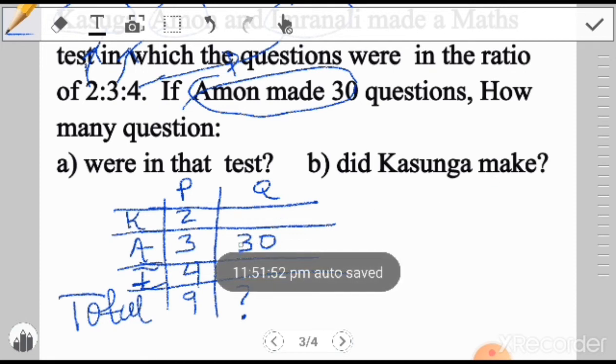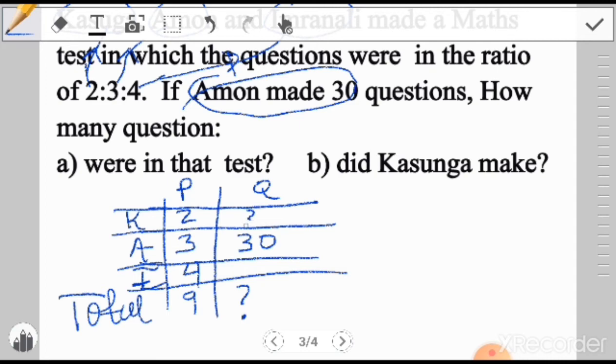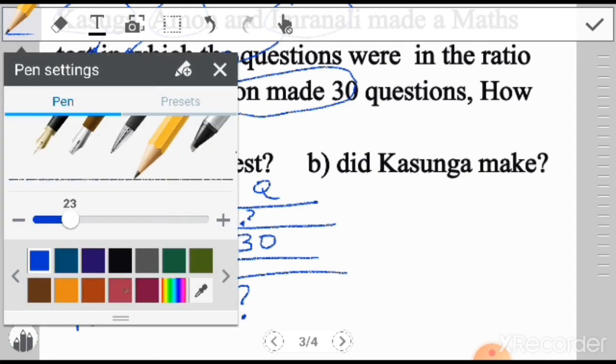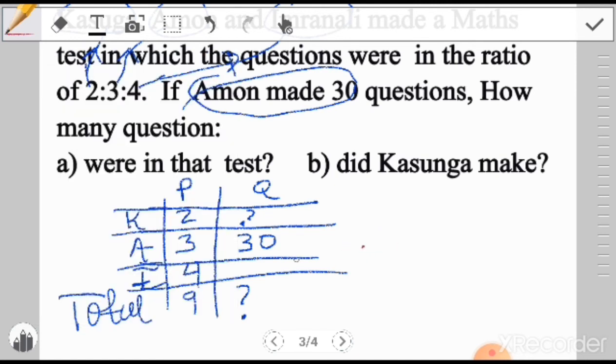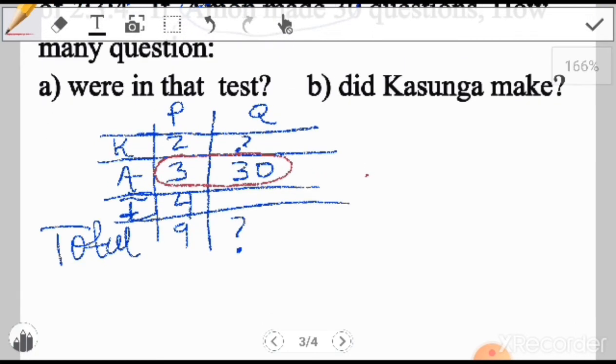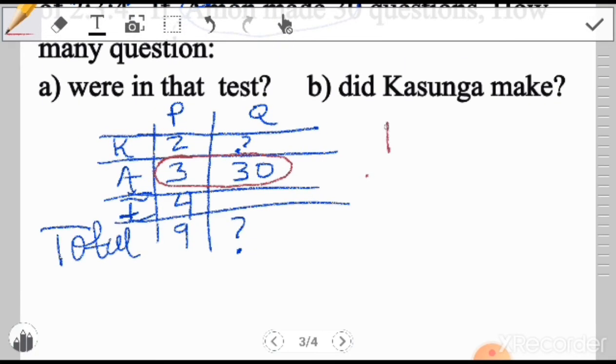Also they ask the number of questions for Kasunga. So our key part of our table is here. That is our starting point. So keep parts and quantity. These 3 correspond to 30.